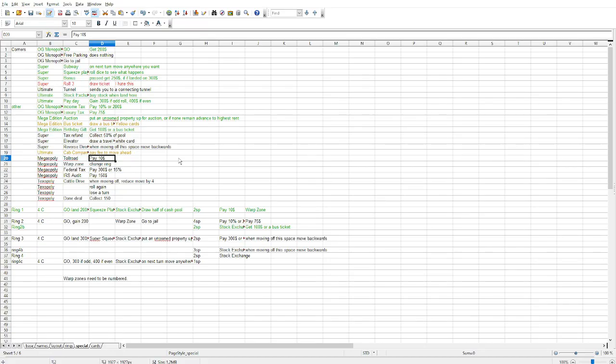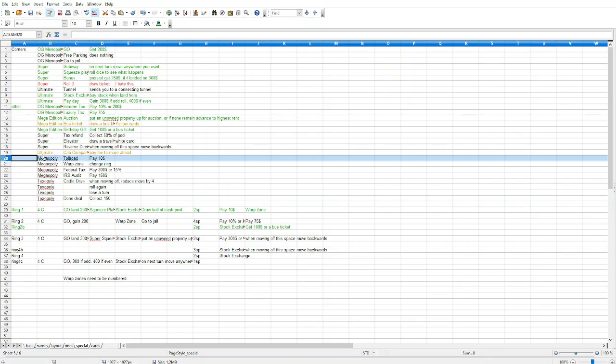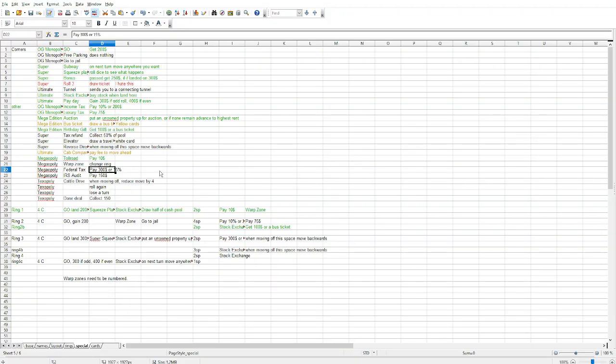Megapoly has a toll. Oh, right. I copied this for that. Never mind. That one counts as placed. Warp zones. Yeah, major feature. We're working on that. Federal tax. Placed that one already.